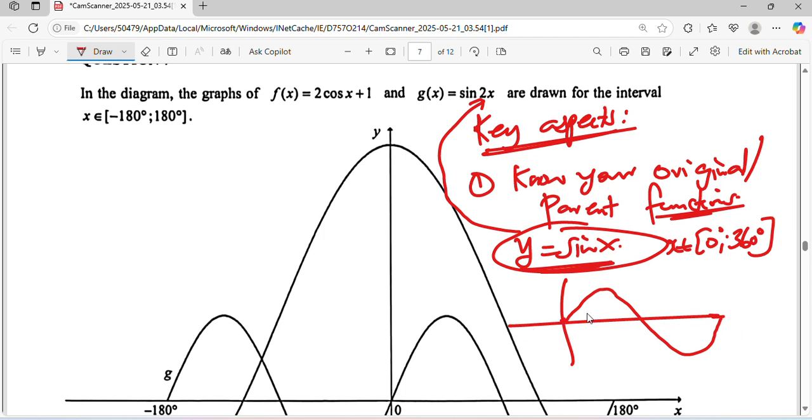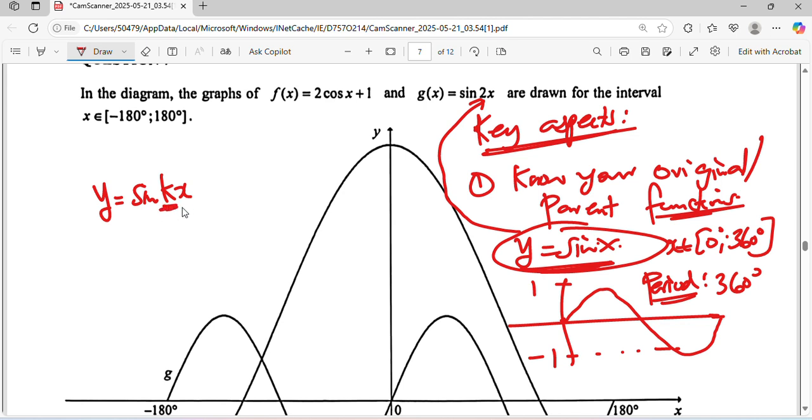Now this is the graph y equals sine x. It has a maximum at 1 and a minimum at -1, and the period of this graph is 360 degrees. How do you see the period? Let's say you have y equals sine of kx.